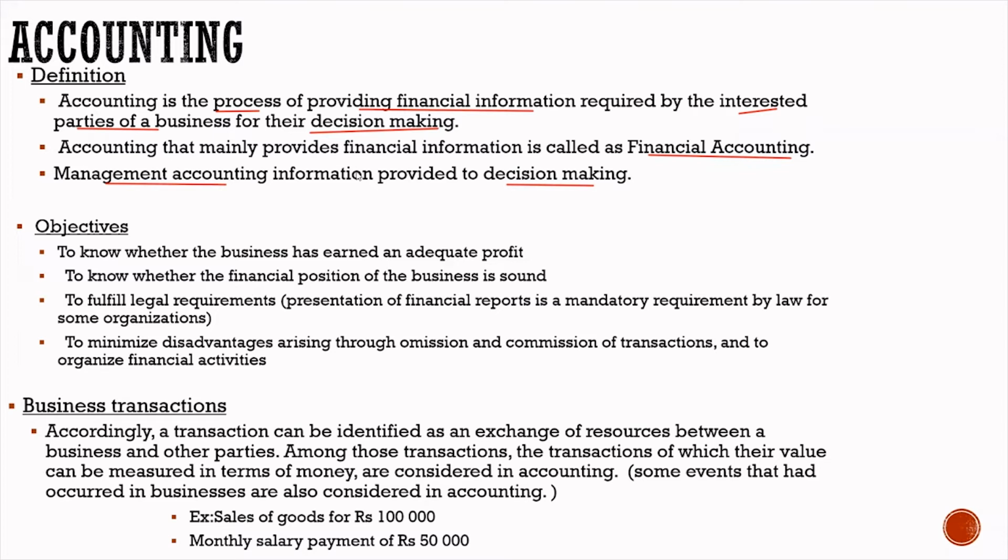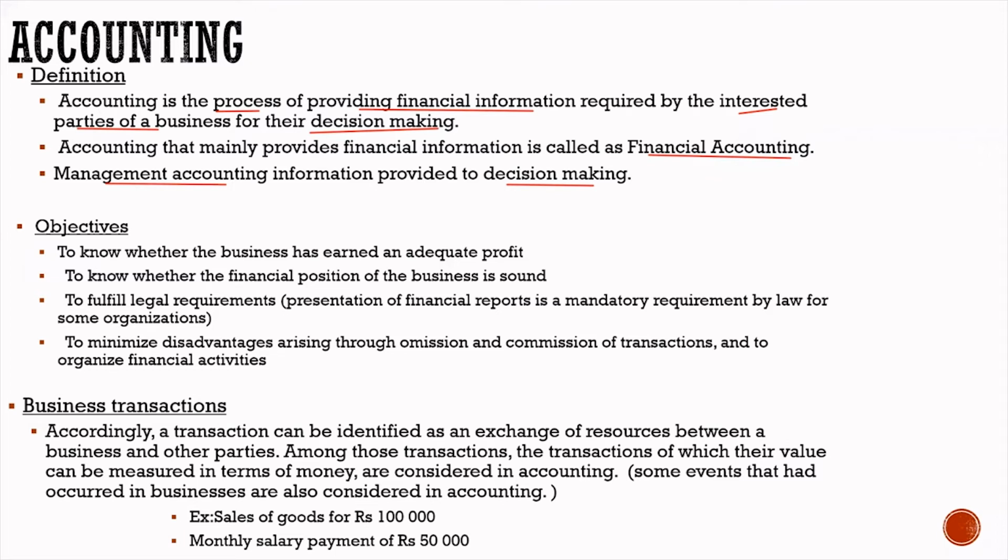For example, as registered businesses, we need to present our accounts to the respective authorities, either for tax collection, or we have to send our annual reports to the business registration organization. Whatever the organization, whether it's the Chamber of Commerce under which we are registered or another authority, we should be able to send our annual details to them. So that is why we call it a legal requirement.